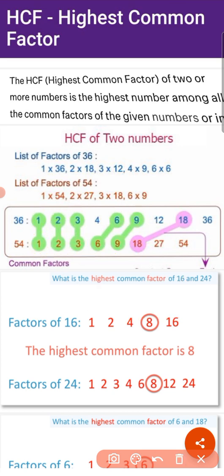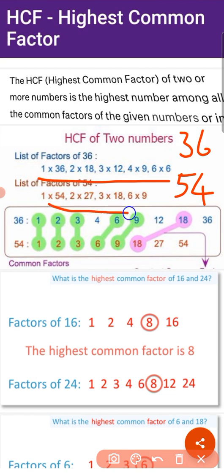Let me repeat this, children. Here we are finding the HCF of two numbers 36 and 54. First find the factors of 36. Then find the factors of 54.